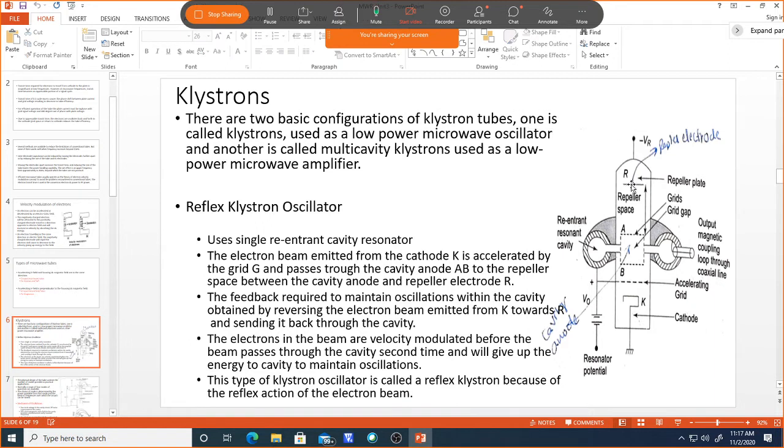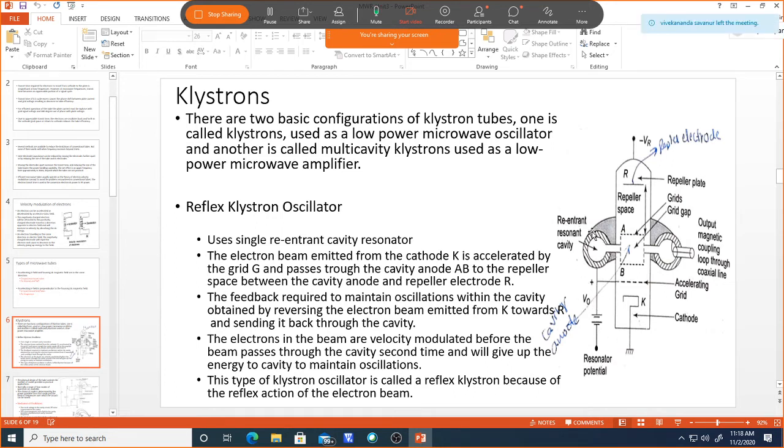Here is the block diagram of the reflex klystron oscillator. You can see there is a cathode for generating the electrons, the electron beam, and there is a cavity given a positive potential, V naught.